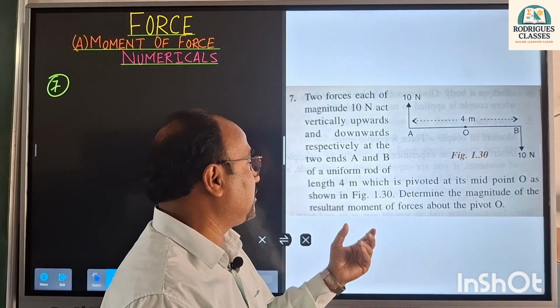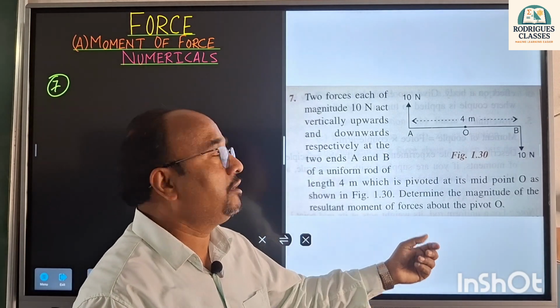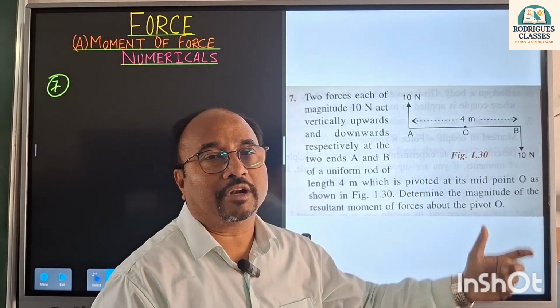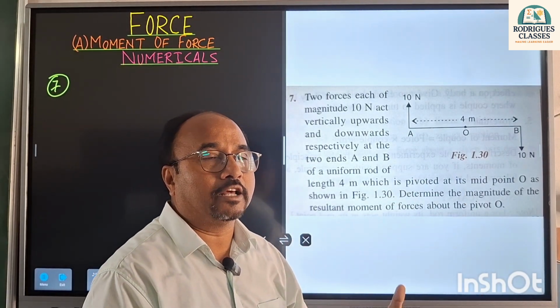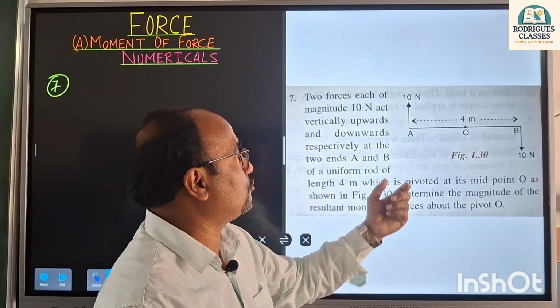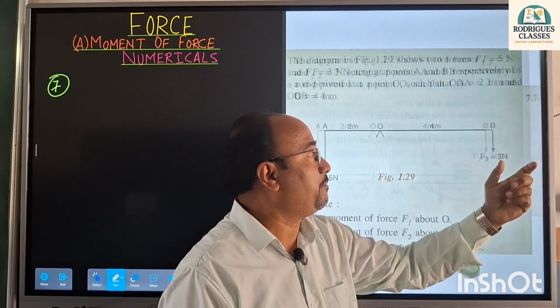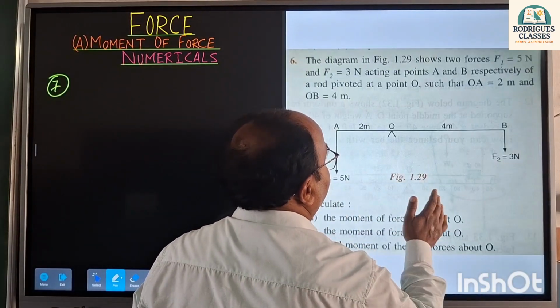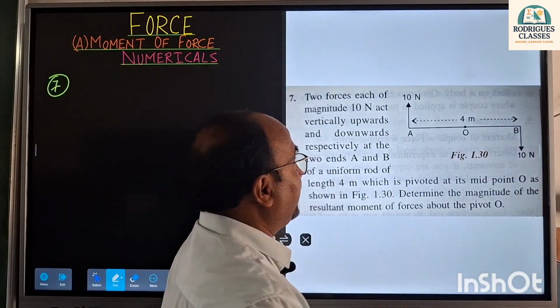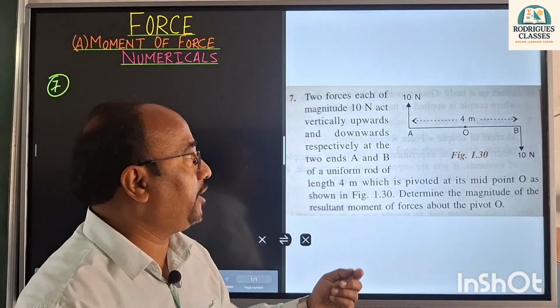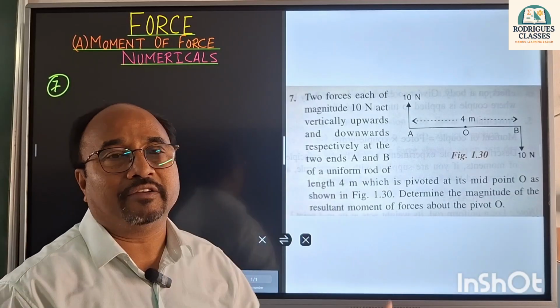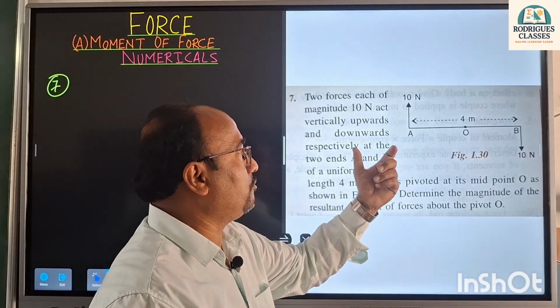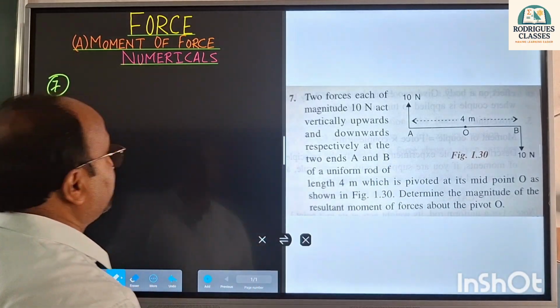So I can find the resultant of the moment of force here by using the couple formula directly. It will be in a short way, or otherwise I should find it separately for both of them and then find the resultant of it the way I did the previous sum. Okay. So we will apply the couple condition here.